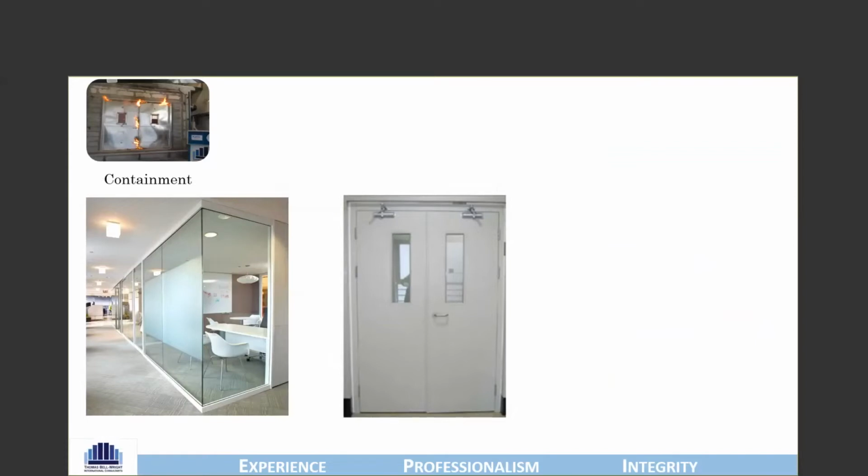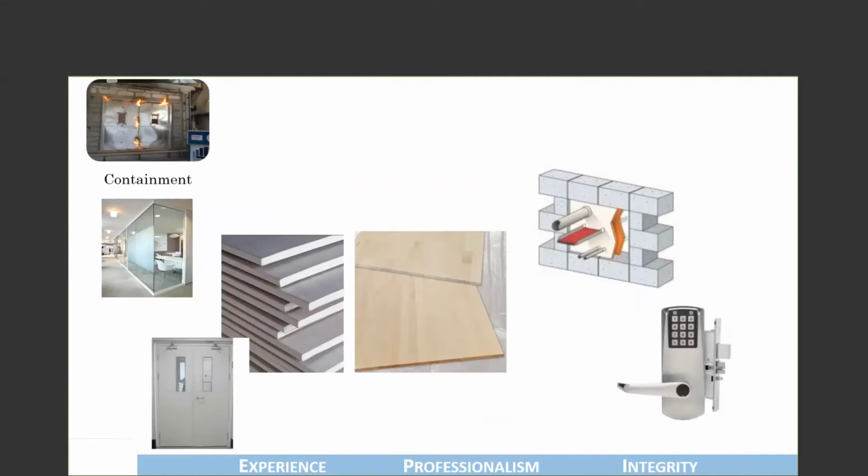Many of us would imagine containment to be something like what you see in an image: a wall, maybe see-through, or a door as a system that could contain or limit the fire initiated in a location from moving from one place to another. But in reality, these fires that need to be contained are contained using building materials at a very basic form whose properties need to be evaluated.